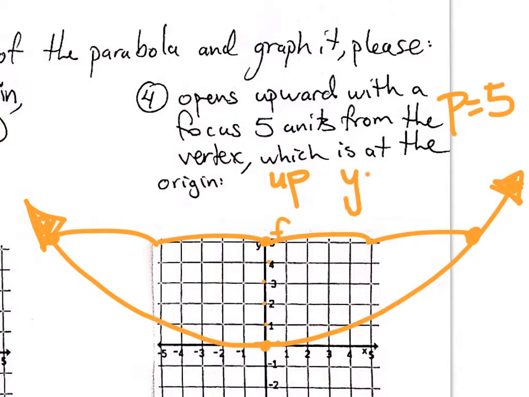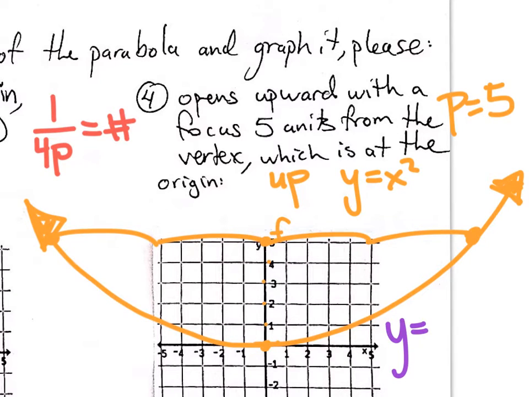So the general form is going to be y equals positive x squared. We need to know the coefficient out front. We know that 1 over 4p is our coefficient, and 1 over 4 times 5, taking p and substituting it in here, leaves us with 1/20. Alright, so y equals positive 1/20 x squared. Looks good.